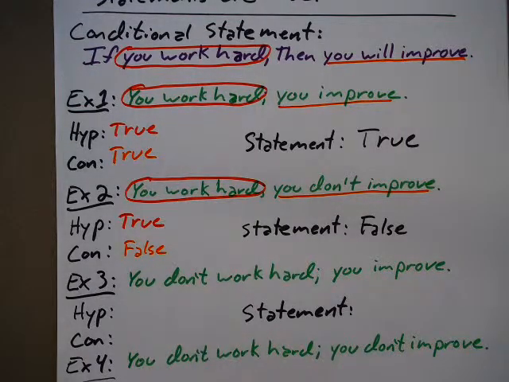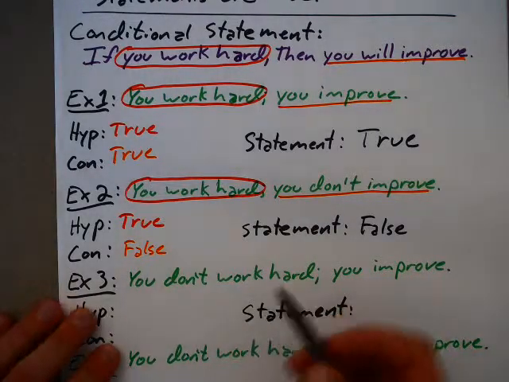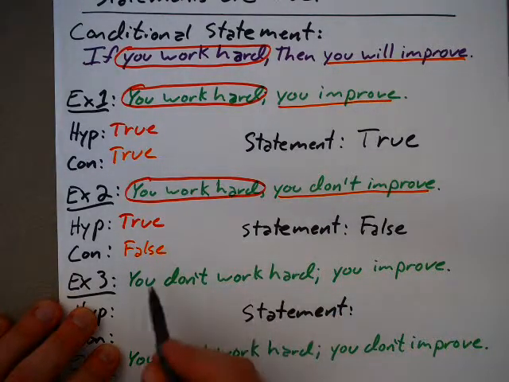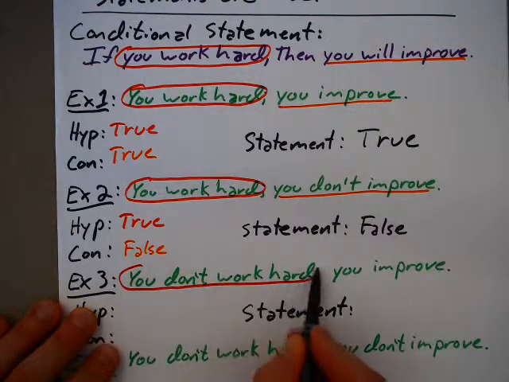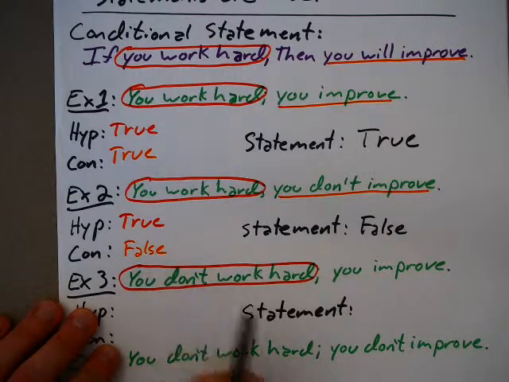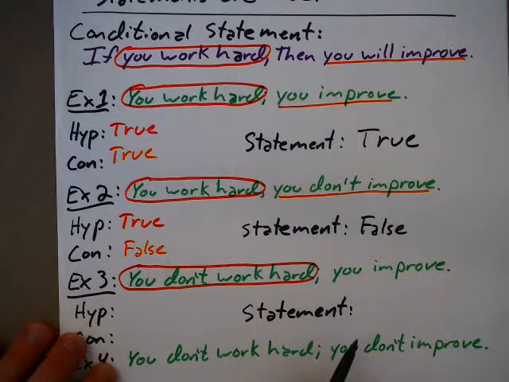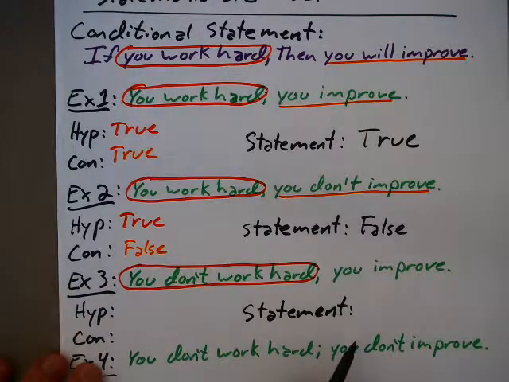Let's take a look at example number 3. Our hypothesis in example number 3 says you don't work hard. They, of course, are not talking about anyone in my class.